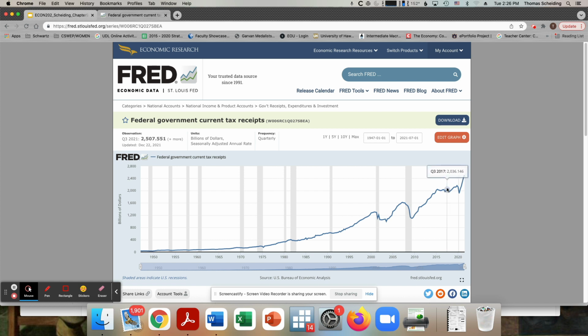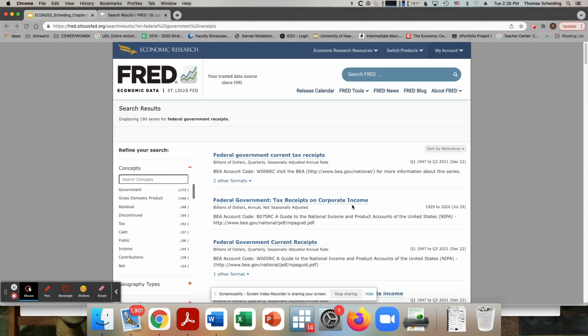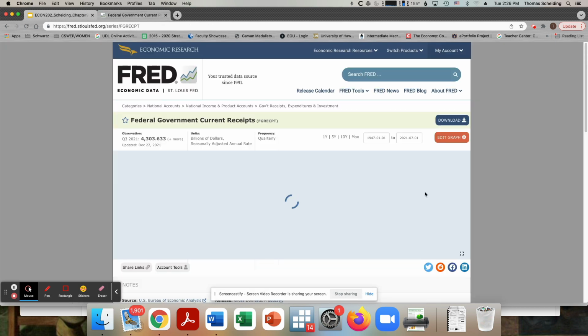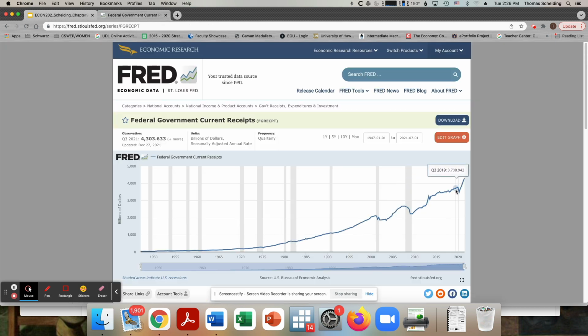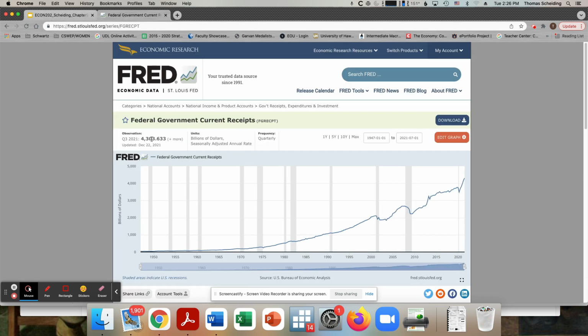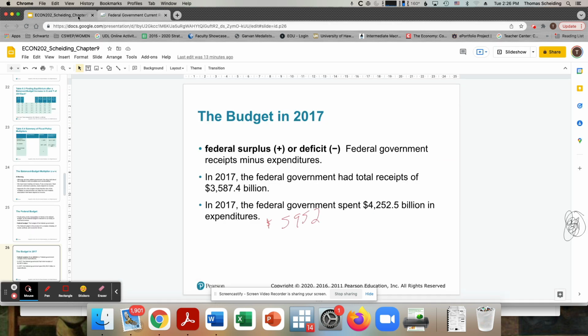Got a problem here. So it can't be just tax receipts. It's got to be current receipts, maybe, because we did current expenditures. Yeah, there we go. That's about correct. So right now it's 4303.